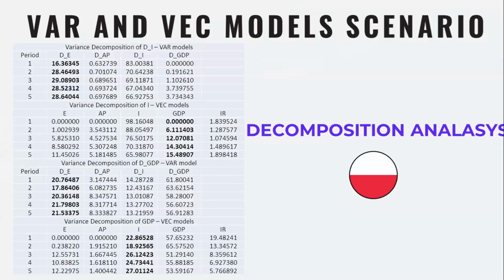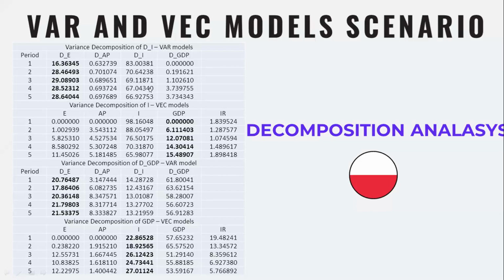The decomposition analysis for the Polish economy shows that one of the main factors for migration is export, but in the VEC model GDP strongly influences migration. For GDP, an important factor is also export from the country, but in the VEC model migration is very important. We can see different parts.